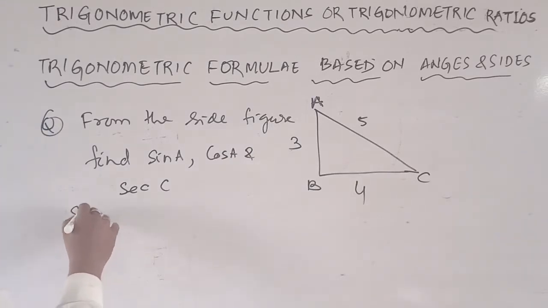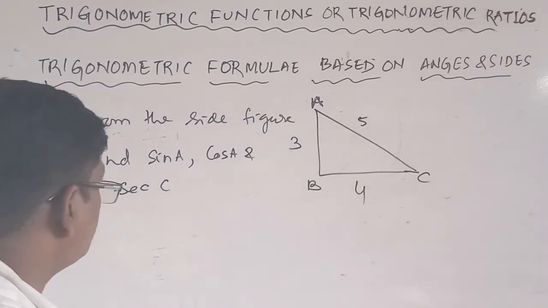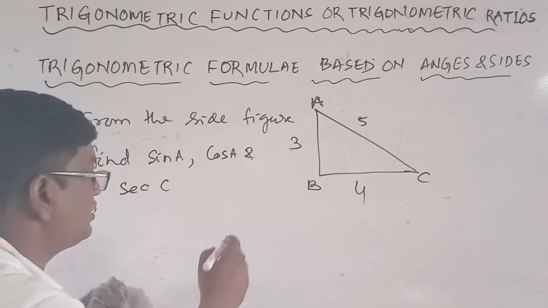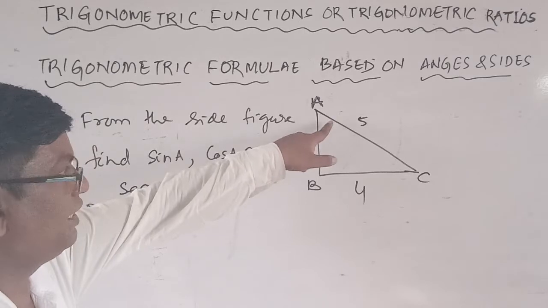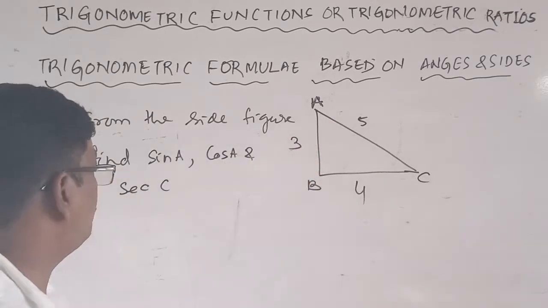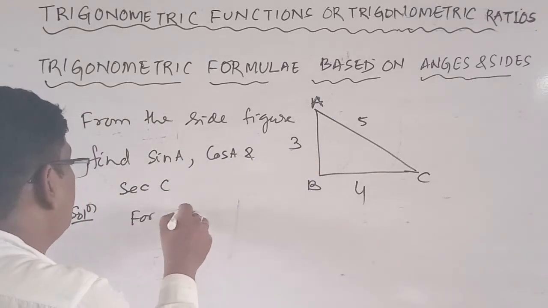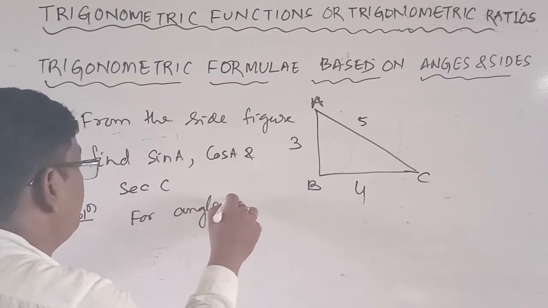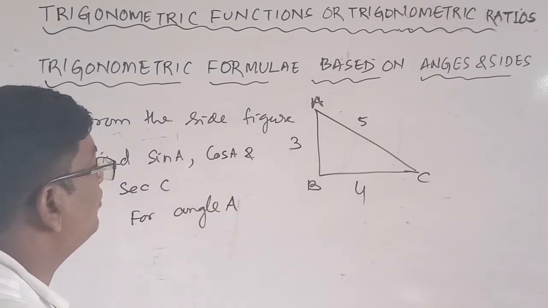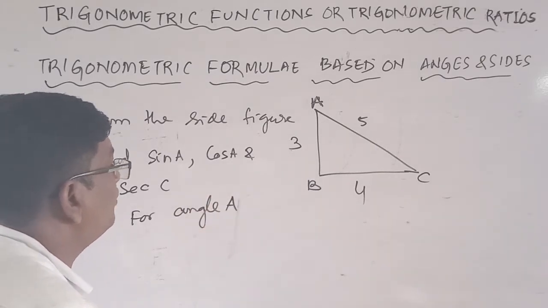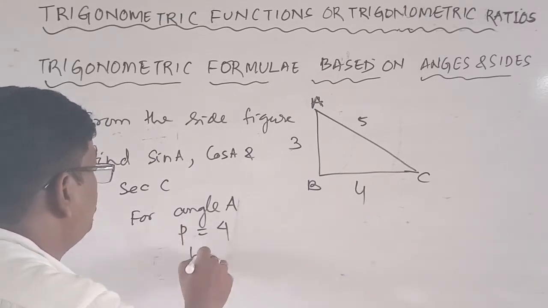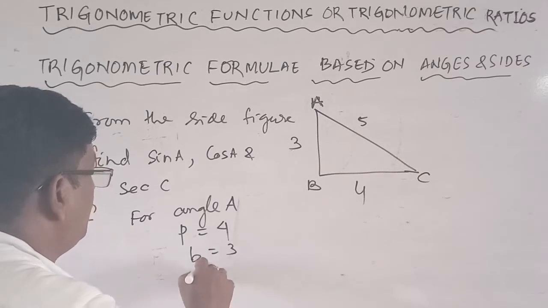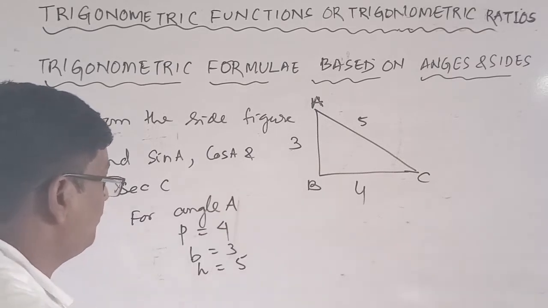Solution is: for angle A, P is equal to 4, B is equal to 3, and H is equal to 5.